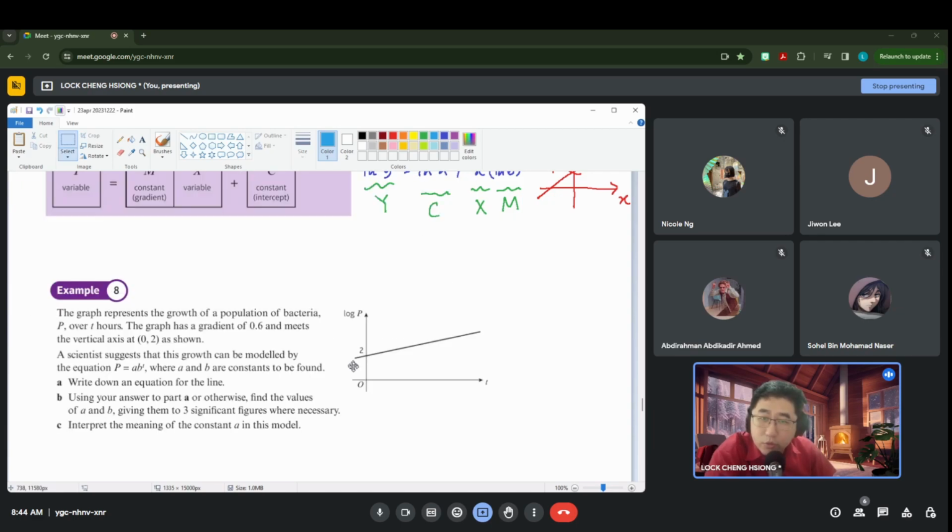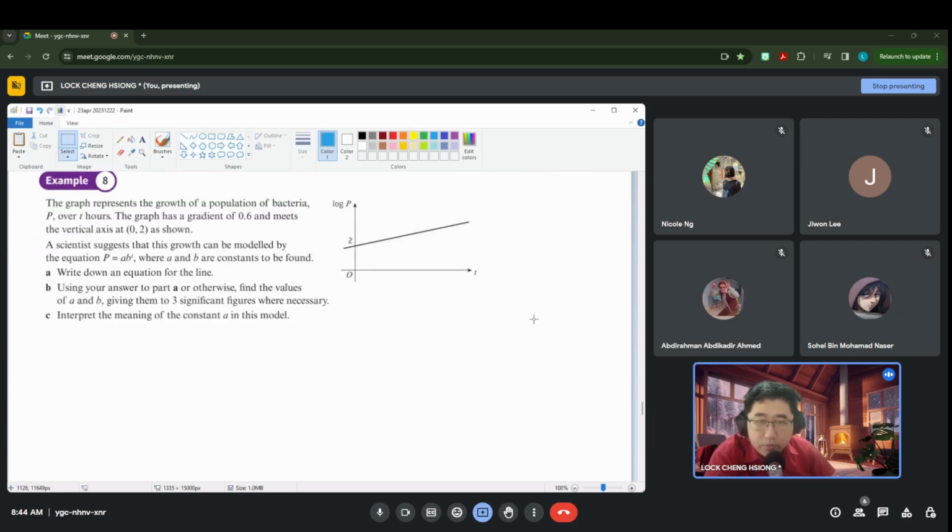Okay, once you know the relationship, let's look at some examples. The graph represents the growth of a population of bacteria, P over T. The graph has a gradient of 0.6 and meets the vertical axis at 0.2 as shown.